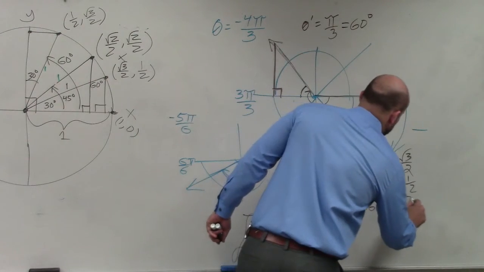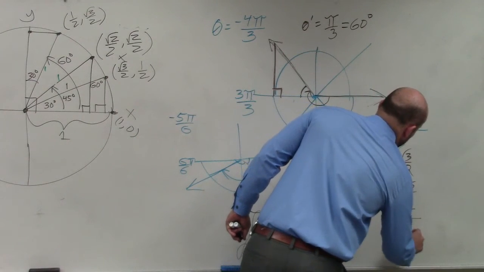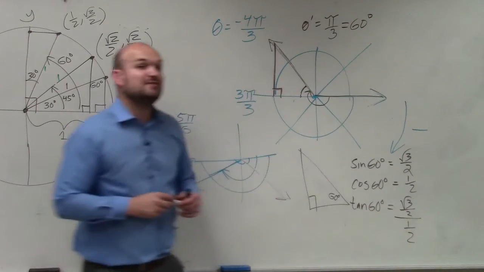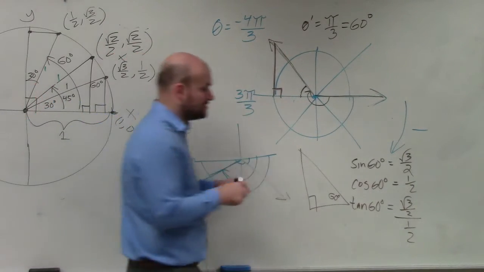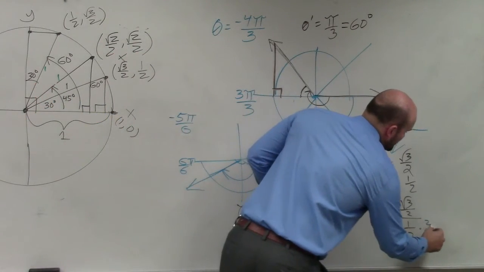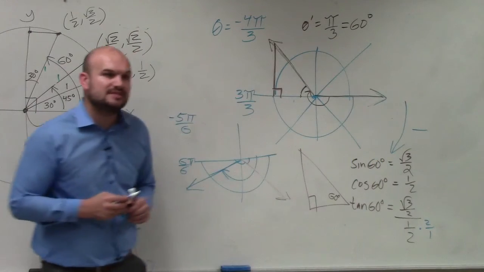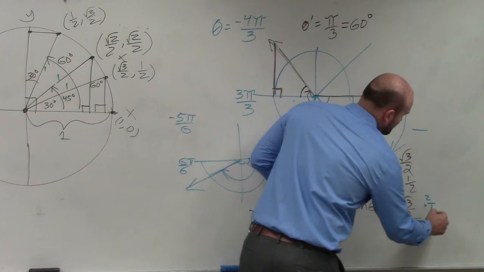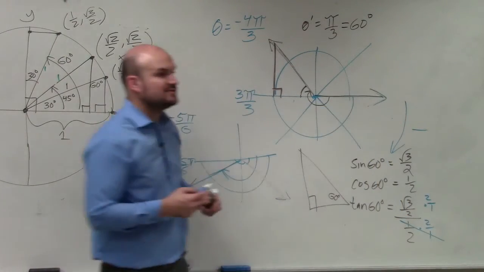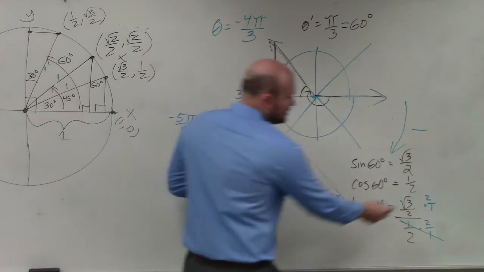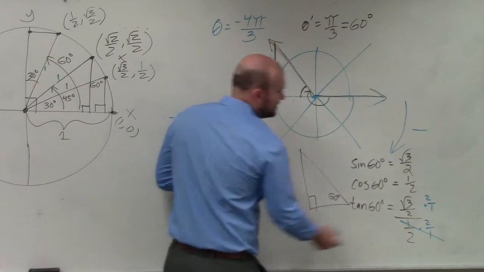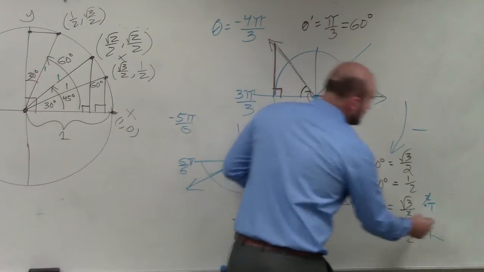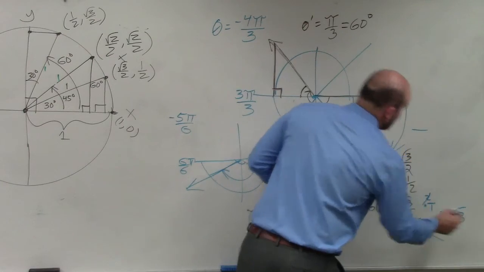So that's going to be square root of 3/2 divided by 1/2. Whenever you have a fraction divided by another fraction, we get rid of the fraction in the denominator by multiplying by the reciprocal. Whatever you do in the denominator, you do in the numerator. Any number multiplied by its reciprocal goes to 1. 2/1 times 3/2, those divide to 1. And you're just left with the square root of 3.